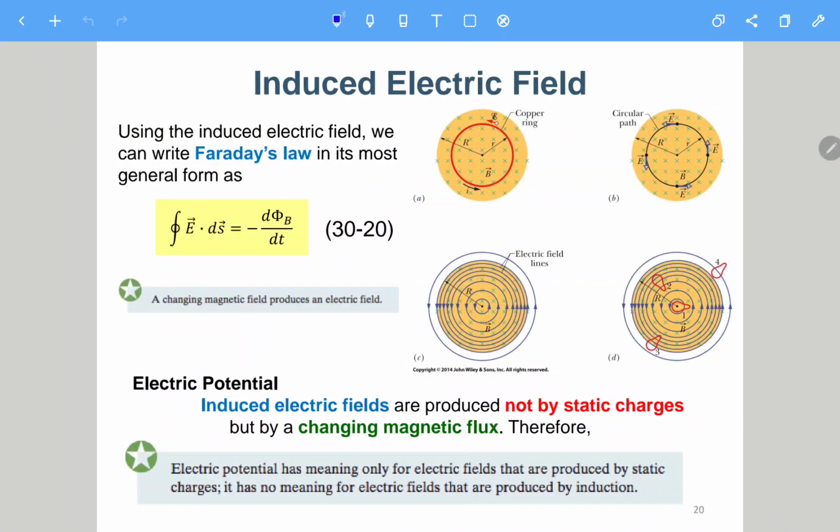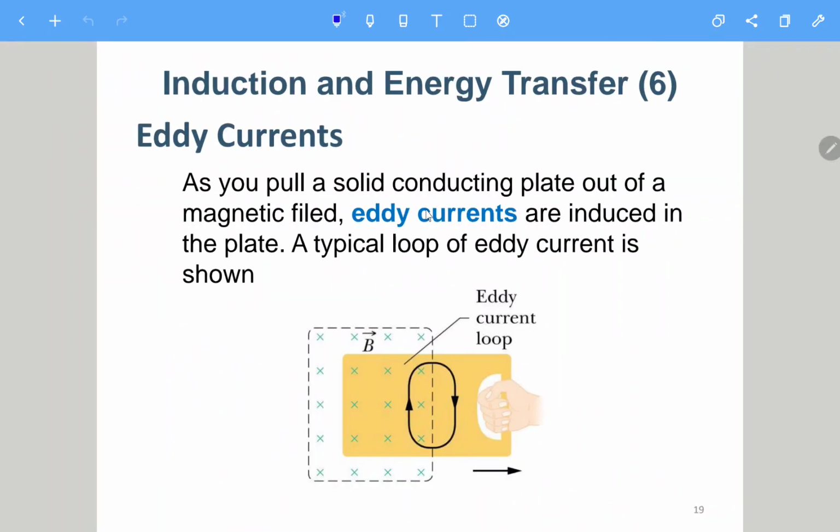Okay, let me finish this page. So here we talk about induction and energy transfer, and this is called eddy currents. Eddy currents in Chinese is called 涡状, meaning 漩涡.